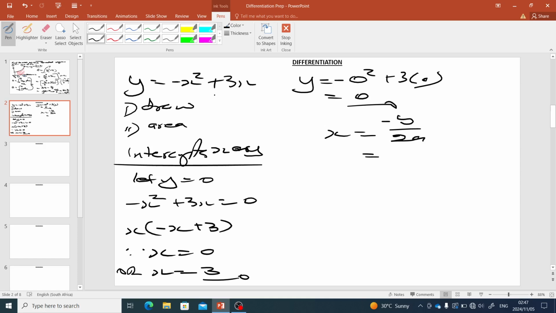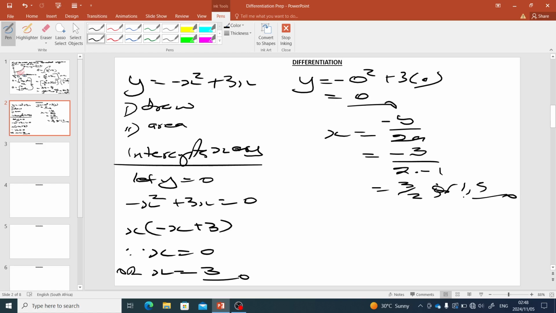Because the graph here is a parabolic graph. That is why we are using this formula. What is our b? It is 3. That means we are having negative 3 divided by 2 times negative 1. Then our answer here is 3 divided by 2, which is 1,5.